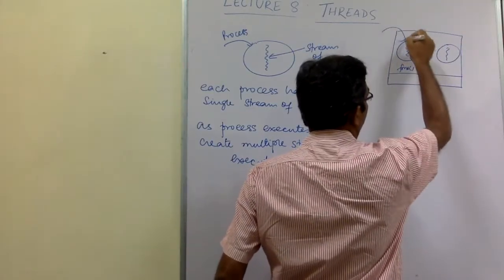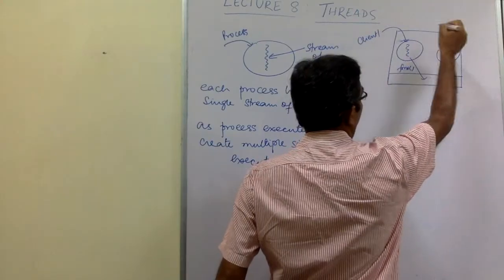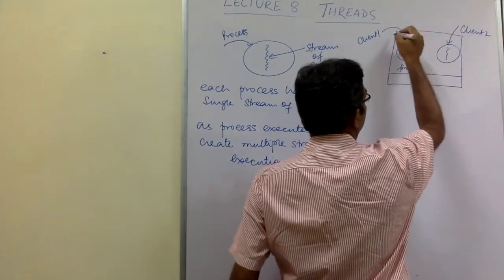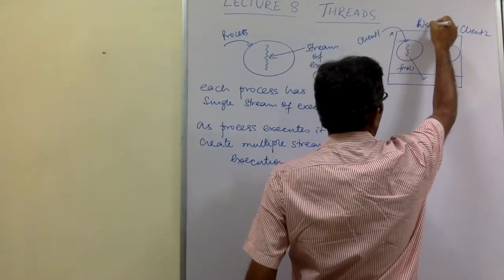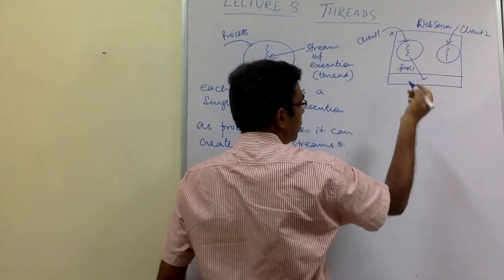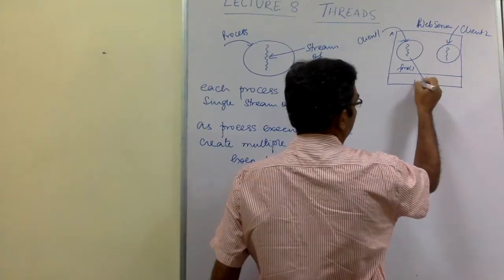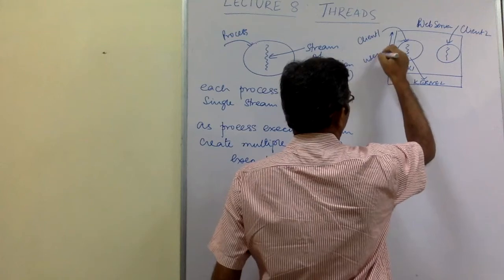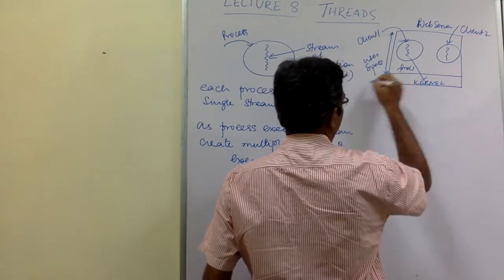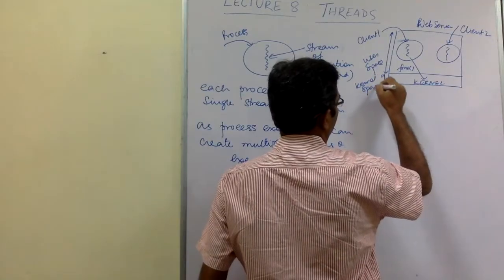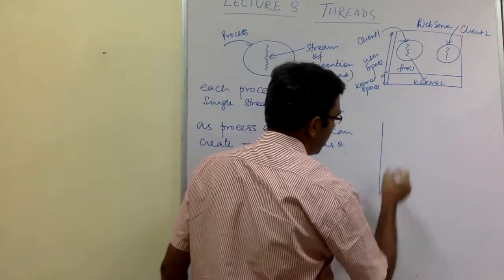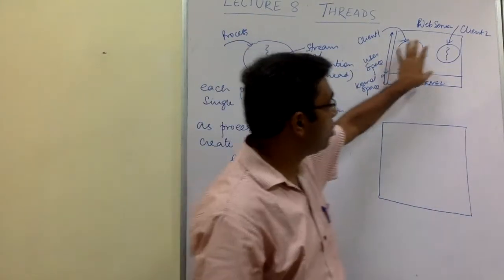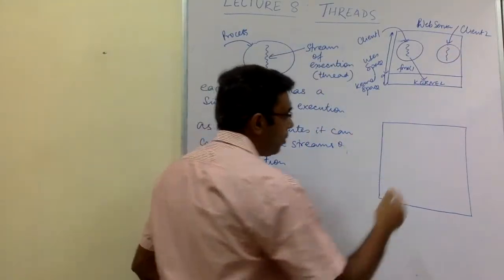One addressed client 1, and the other addressed the request coming from client 2, and say this is our web server. This is the kernel space, this is the user space. Now our solution is, since a single process can create multiple streams of execution, there is no need to create a separate process.